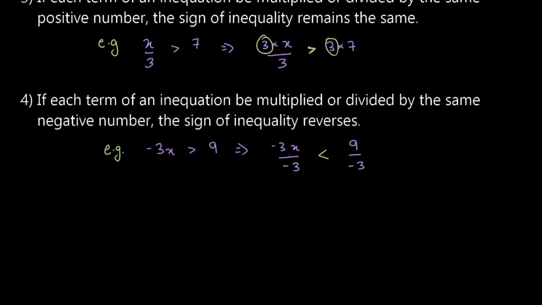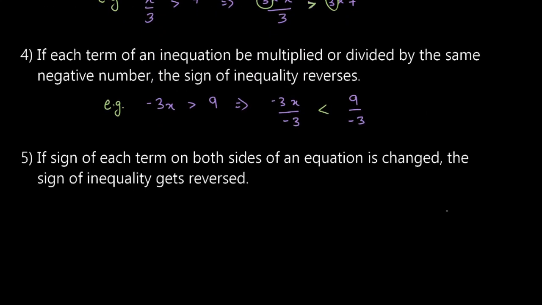Okay, so the next law or rule: if the sign of each term on both the sides of an inequation is changed, the sign of the inequality gets reversed. What that basically means is, suppose I have minus x is greater than 5, right?